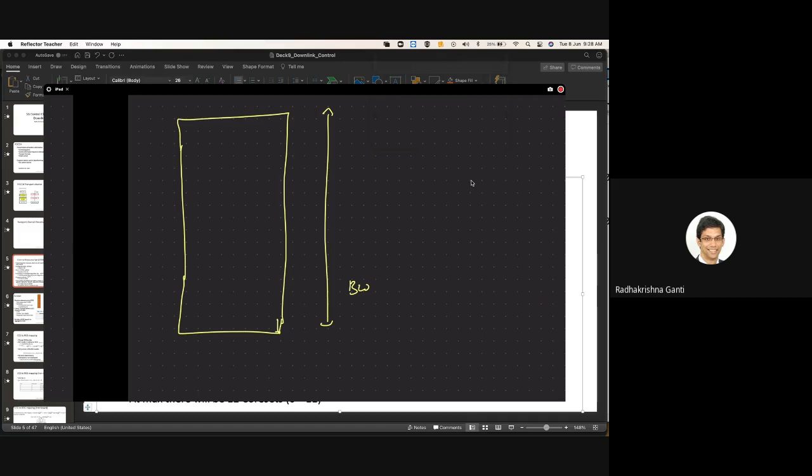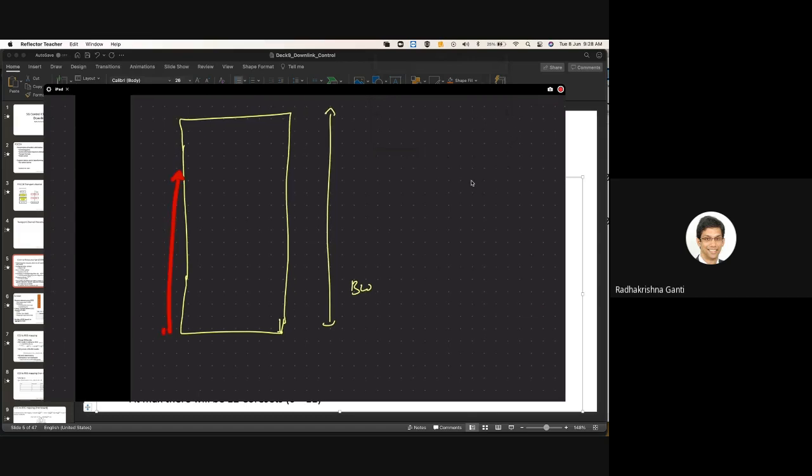Maybe the bandwidth part of the particular UE might be from here to here, for example. Then you can define a CORESET, for example, this can be one CORESET, and this can be the second CORESET. The UE will search only in these CORESETs.